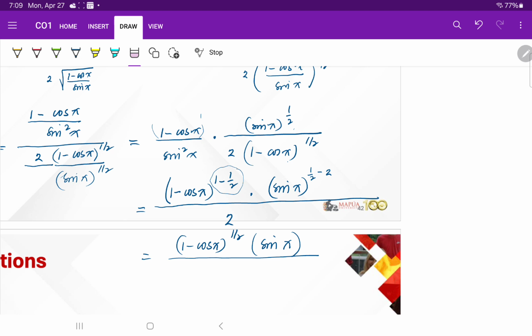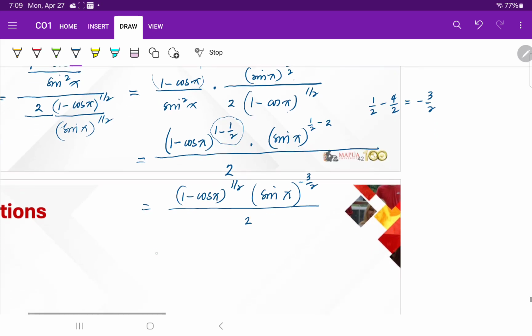You have 1/2. 2 is 4 over 2. So negative 3/2, over 2. And so if you simplify, this is now 1 minus cosine of x to the 1/2 over 2 sine of x to the 3/2.